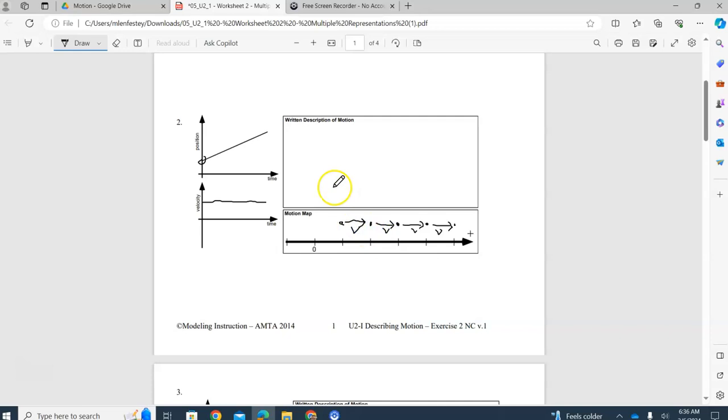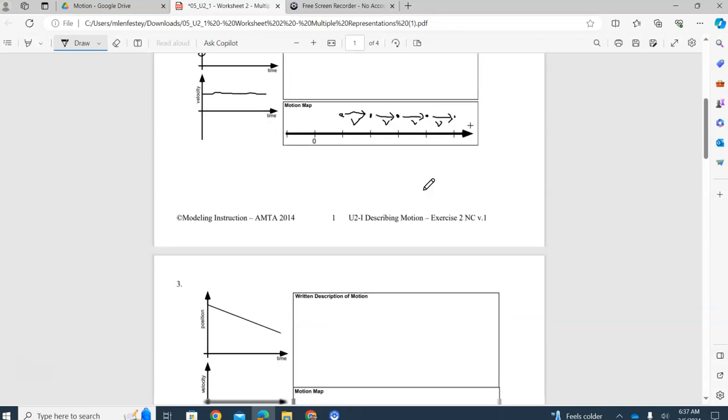And again, I can't really write very well with this, but I would have to say where it starts at. So starts in front of 0. Oh, this is going to take too long for me to write this. So I'm just going to have to narrate it again. It starts in front of 0, and it moves in the positive direction at a constant positive speed or positive velocity.